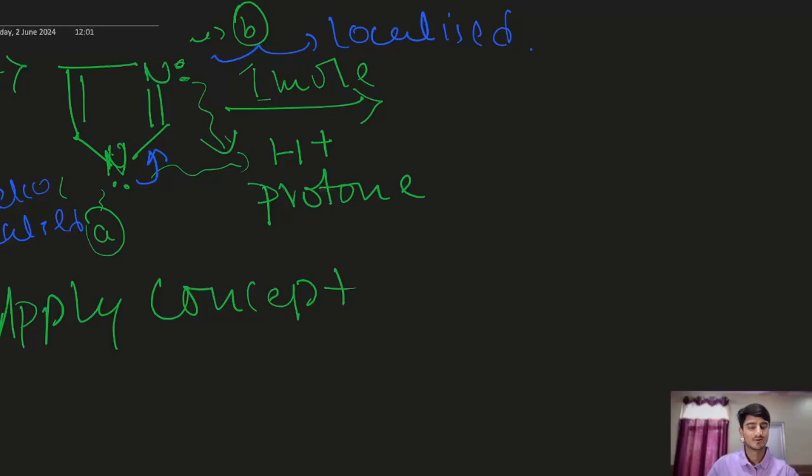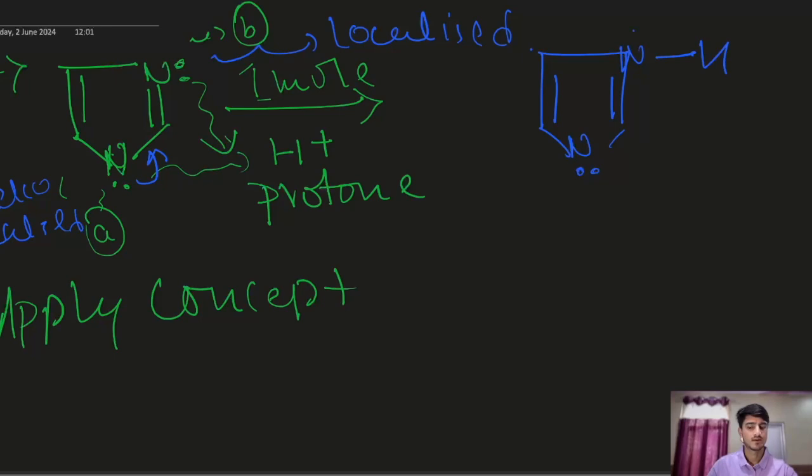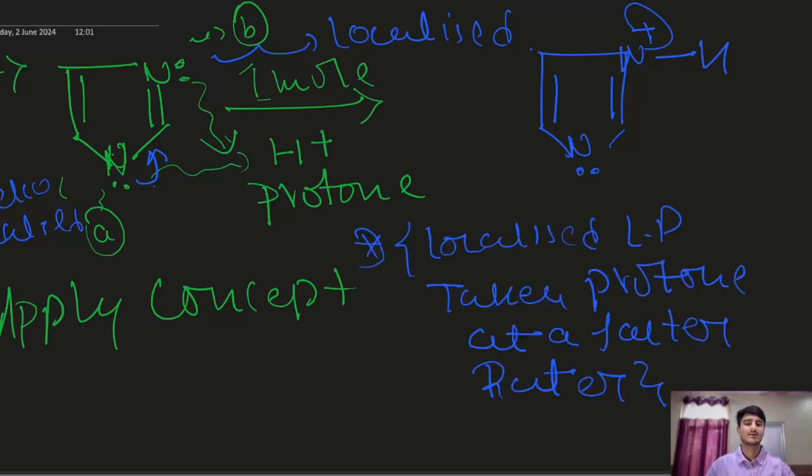So the product of the given reaction will be NH with a positive charge. Rather than attacking this lone pair, the proton will go to this lone pair because it is localized. By remembering this single line, you will be able to answer a variety of questions related to this concept.